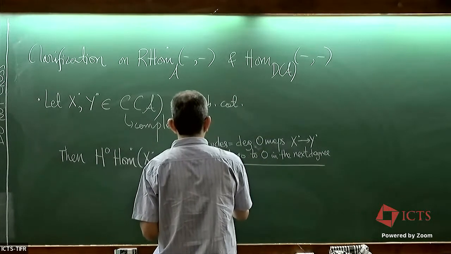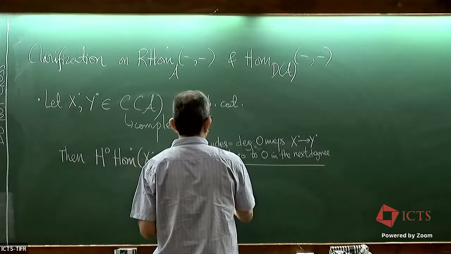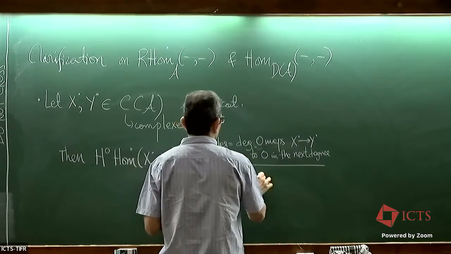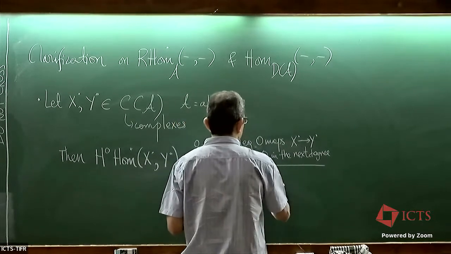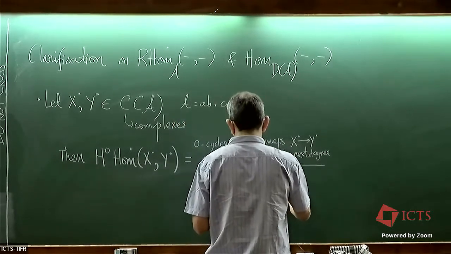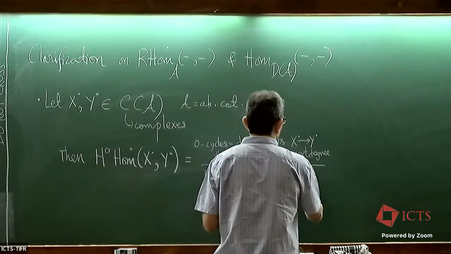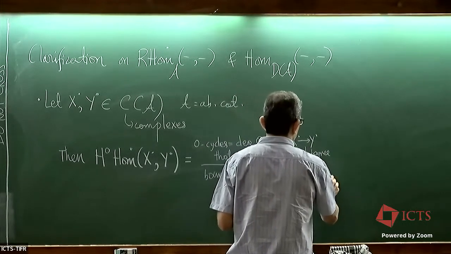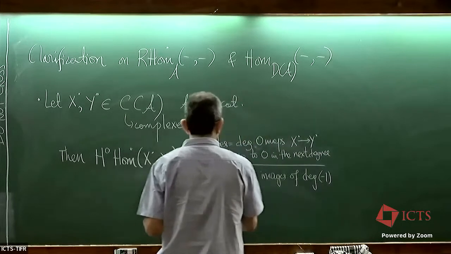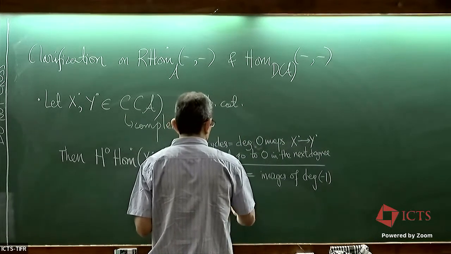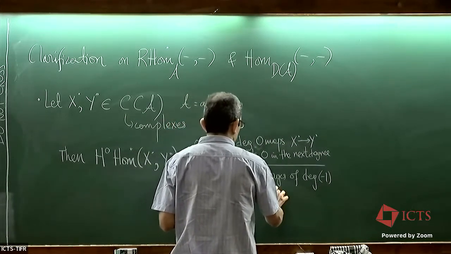So these are boundaries, and that is the images of degree -1 maps from x dot to y dot.